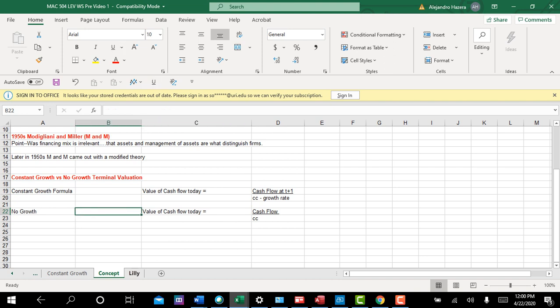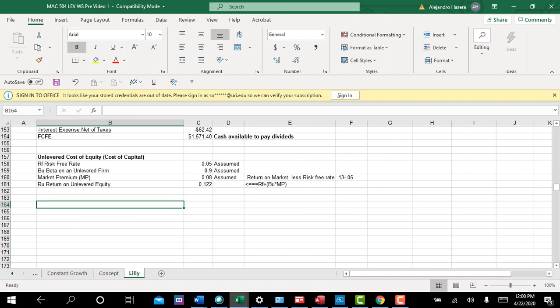Very easy formula. Initially, we're not assuming growth, and we're assuming that Lilly goes on forever but doesn't grow. Then, at the end, in the fourth video, we'll add a little bit of growth. First, I'll outline this here.